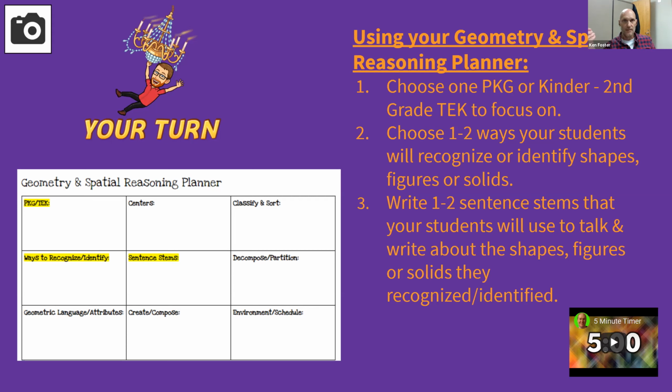For instance, the circle is like a cookie. The circle is like a wheel. The circle is like a ball. Or they could say the ball is like a circle, which would be another way to do that because it would force them to name the actual shape. So that's one of the ways that we would have them use that.